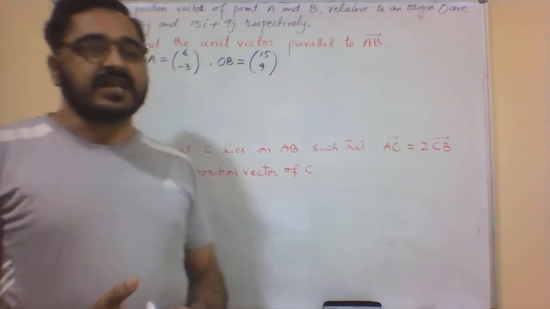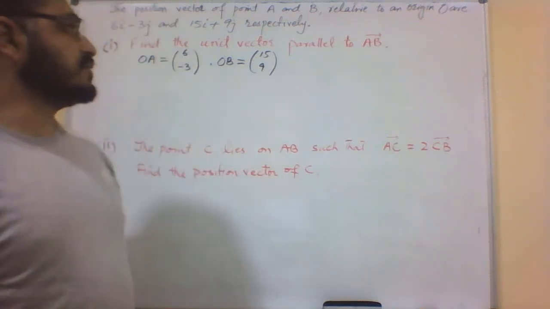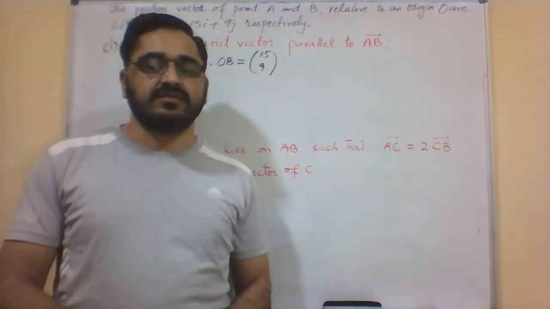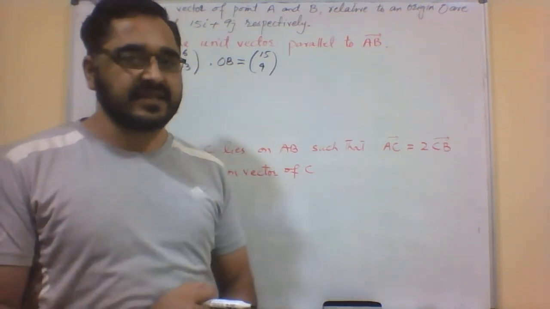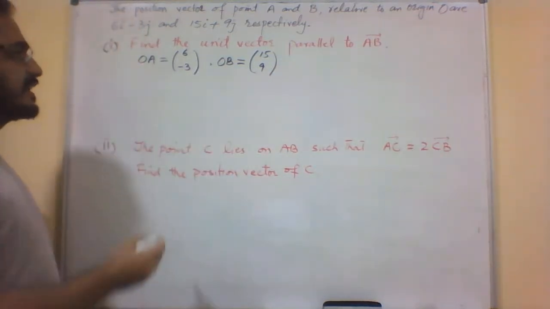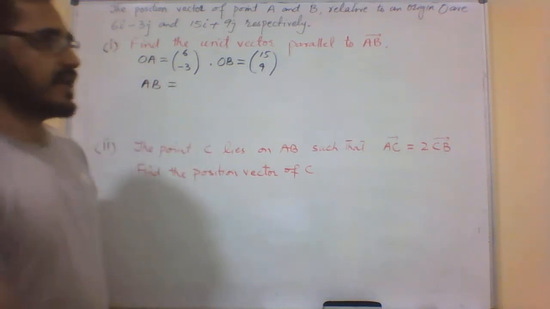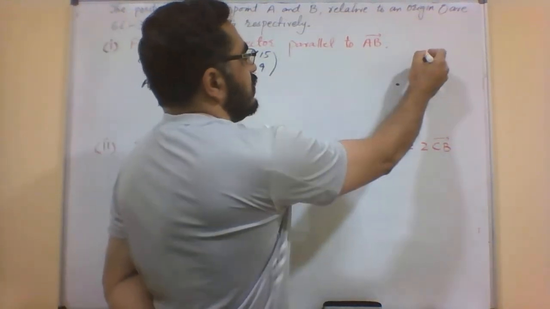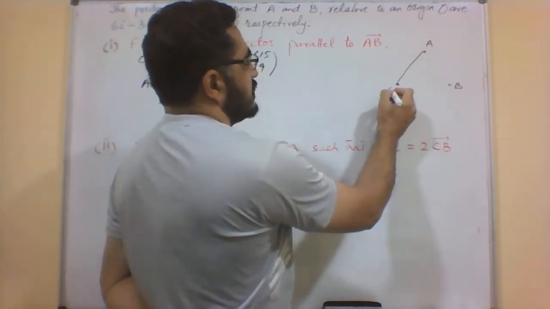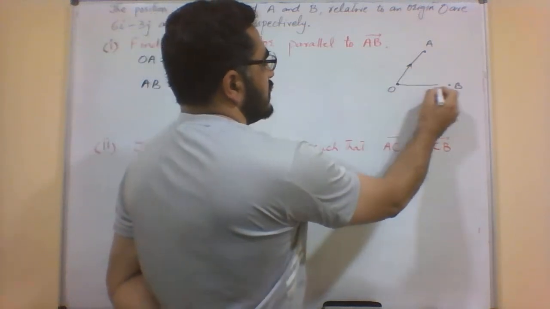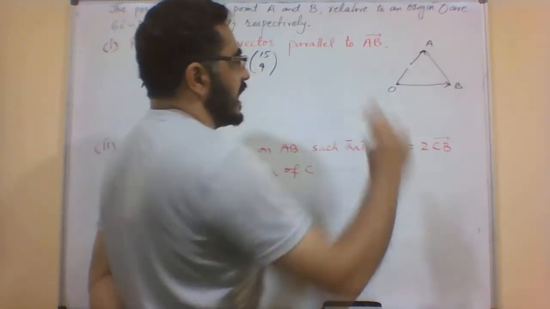For the unit vector, first of all we should have vector AB. You know what a unit vector is: a vector whose magnitude is 1 and which is in the direction of the given vector. For that, we find AB. Here is the origin O, with points A and B. This is OA, and this vector is OB. What will AB be?